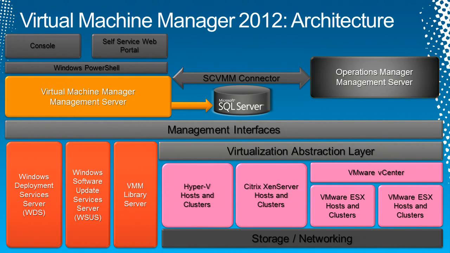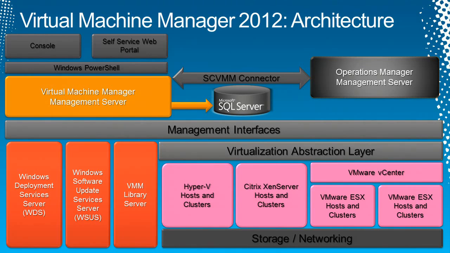So we've also added some new server roles in VMM 2012, and these server roles support the new features that we've added. In particular to this conversation is WDS, and that enables our bare metal deployment. We've also added support for WSUS, and that enables our Hyper-V patching cluster orchestration, and that will be covered in the session tomorrow that I'll be doing at 4:30, SIM 357.